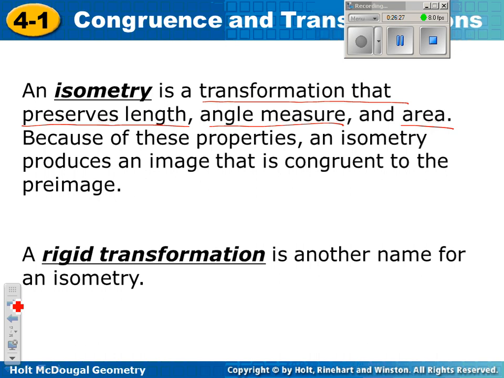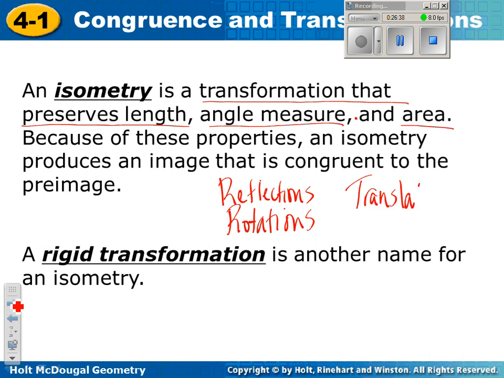Very good. So reflections, rotations, and translations are all isometries, every one of them. Which means what's the only one that does not preserve area? Dilation, because it gets bigger or smaller.